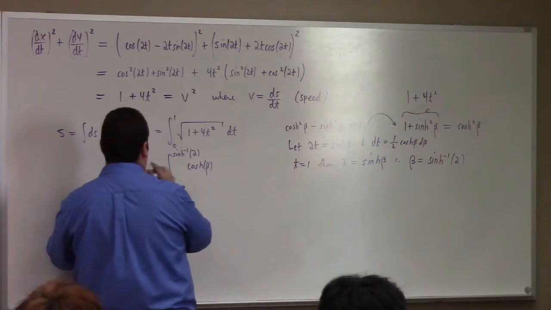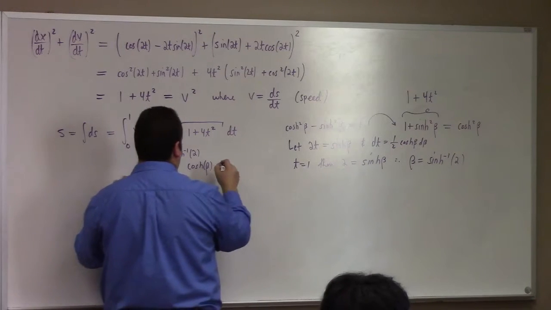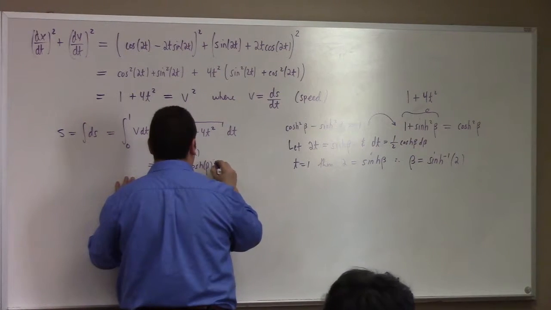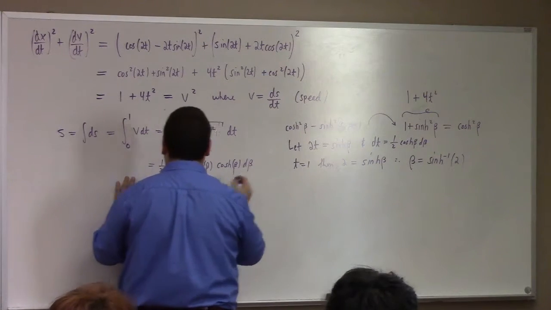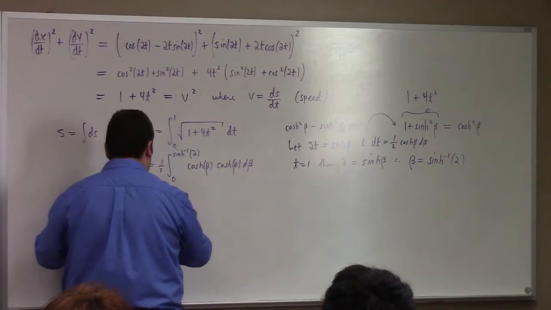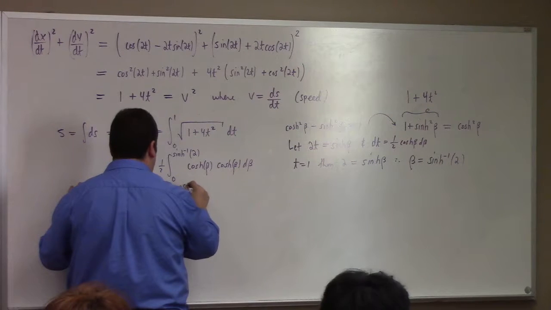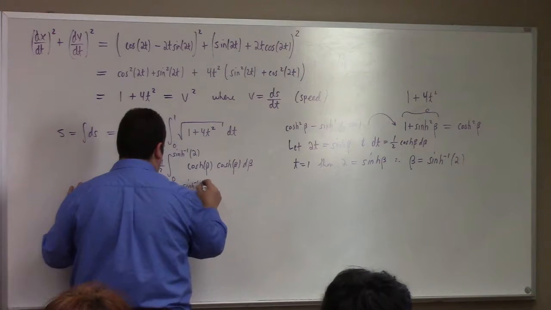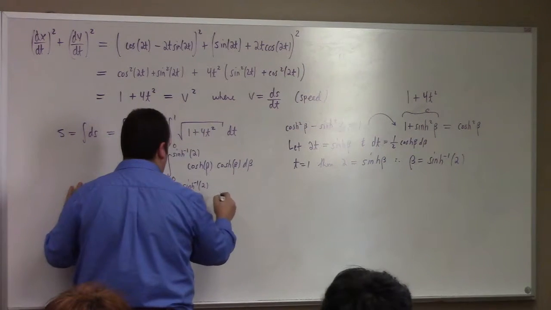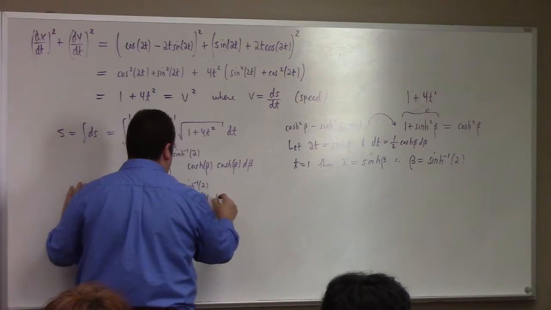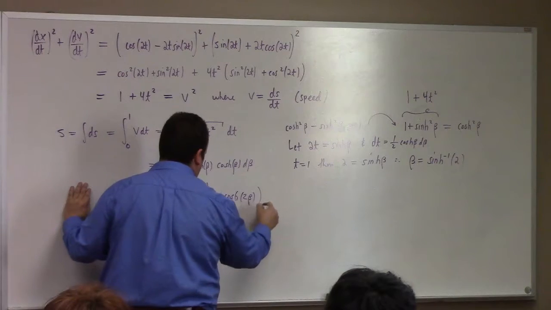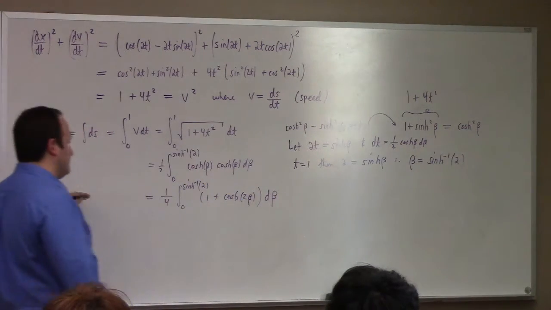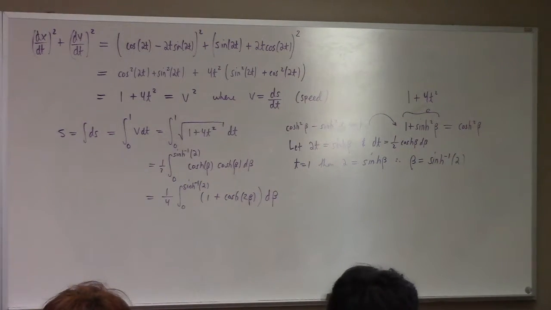So I get a 1/2 out front, and then another cosh beta d beta. So that's a 1/4 integration from 0 to the inverse hyperbolic sine of 2 of 1 plus the cosh of 2 beta d beta.